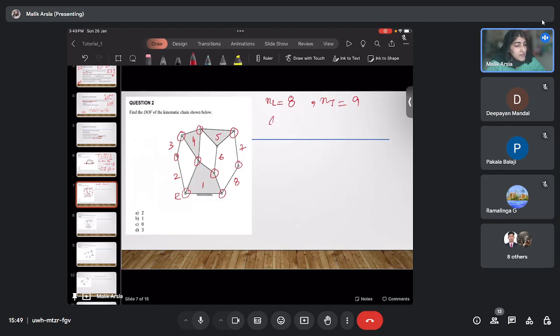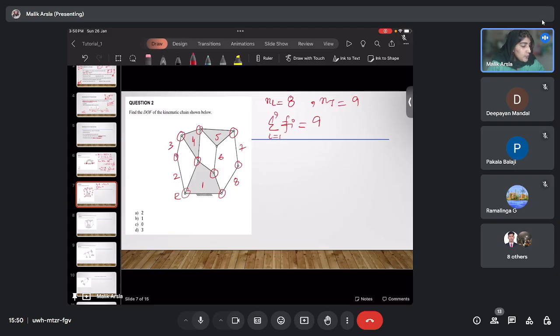Now what is the summation of the degrees of freedom of these joints? Each of them is a revolute joint, and all of you know that a revolute joint has only 1 degree of freedom. So the summation of fi, that is f1, f2, f3, the degree of freedom of each joint, will be 1 plus 1 plus 1 up to 9, which is 9.